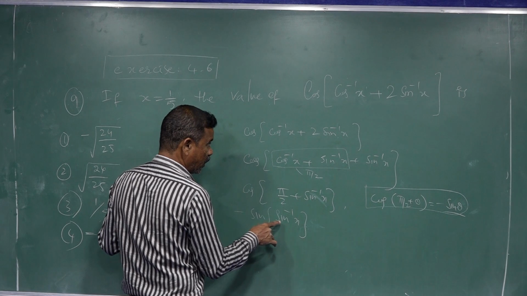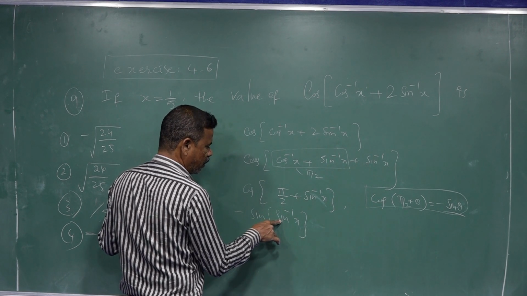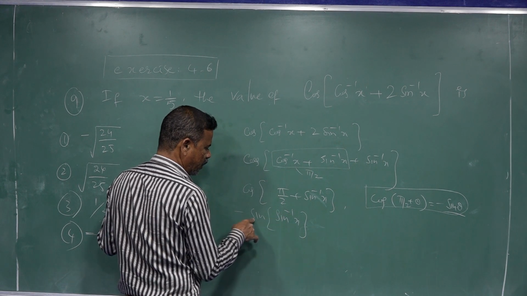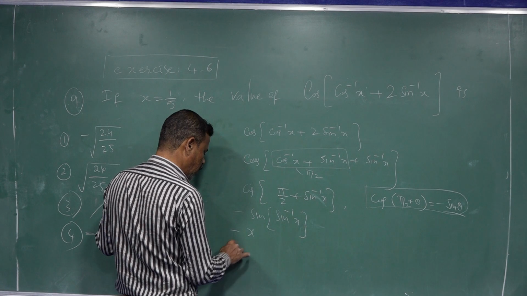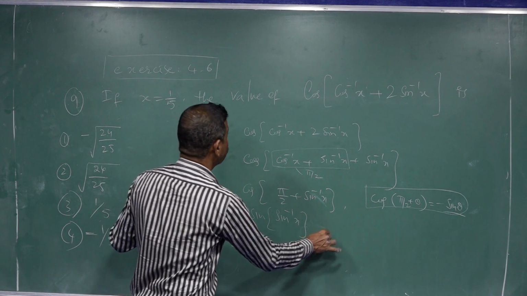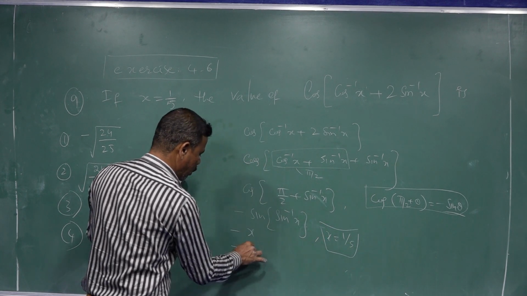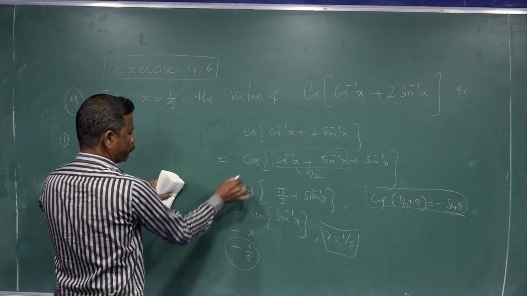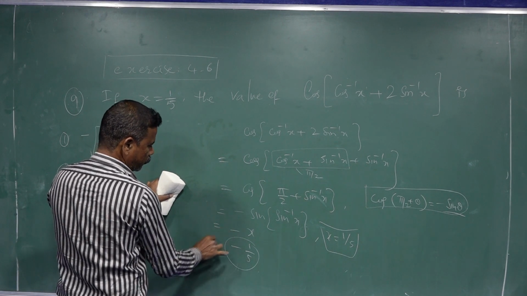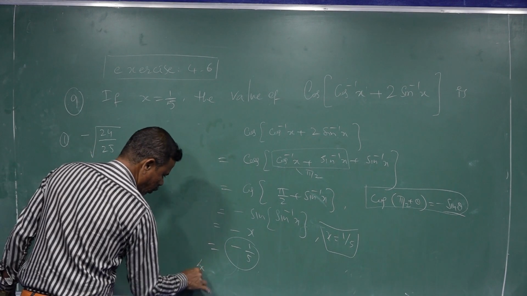So sin of sin inverse x cancelled. X remaining, sin inverse cancelled, minus x. So x value how much? Minus of x, actually x is 1 by 5 given. So minus x is minus 1 by 5, the right answer. Stop here. Minus 1 by 5. Which option? Fourth option is the right answer.